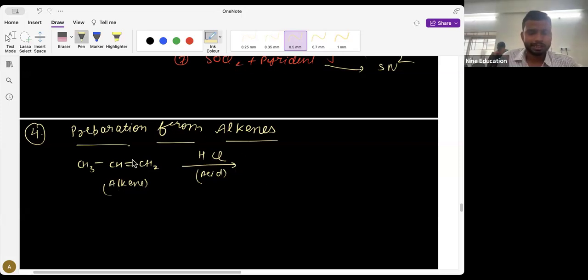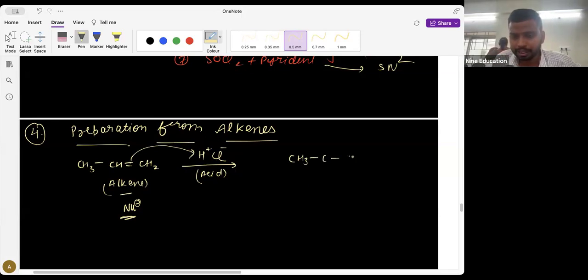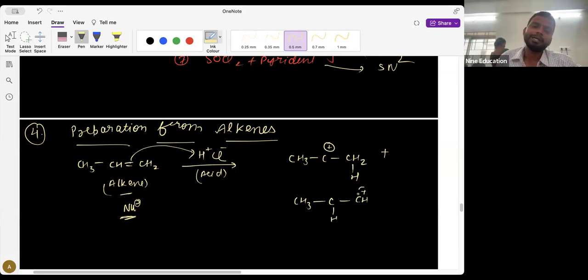Let's say we have alkenes. Alkenes are nucleophilic in nature. Which one out of H and Cl will they attack? Alkenes are electron rich, so they will attack the H positive. If the attack happens on H positive, H can come here and a carbocation can be made here. And the second possibility is H can come here and the carbocation is made here.